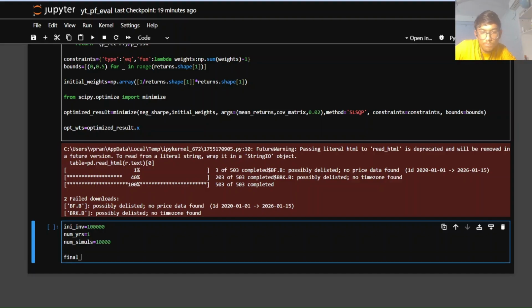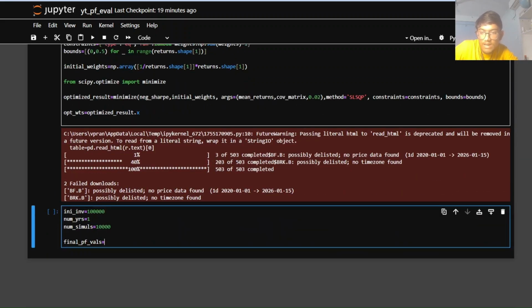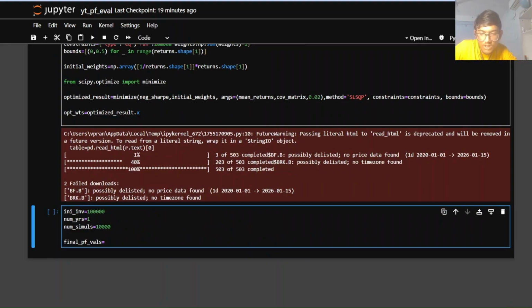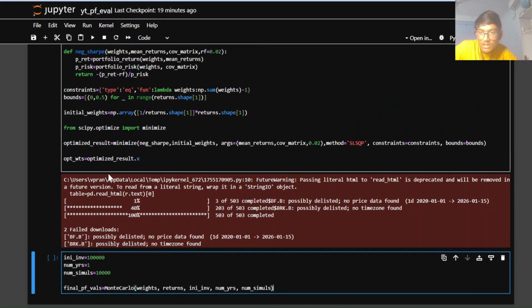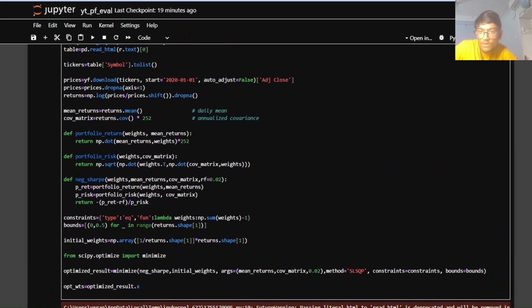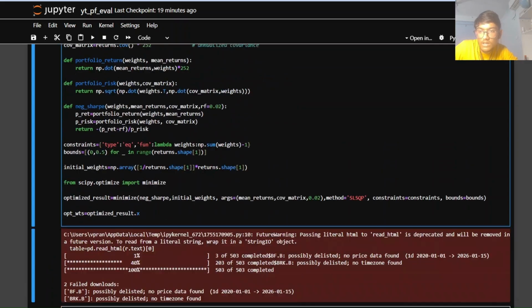And our final portfolio vals will be outputted. So let's call this function with all these parameters. So weights is actually optimized weights, right? So OPT weights, then our returns, which is what we've defined over here, right?